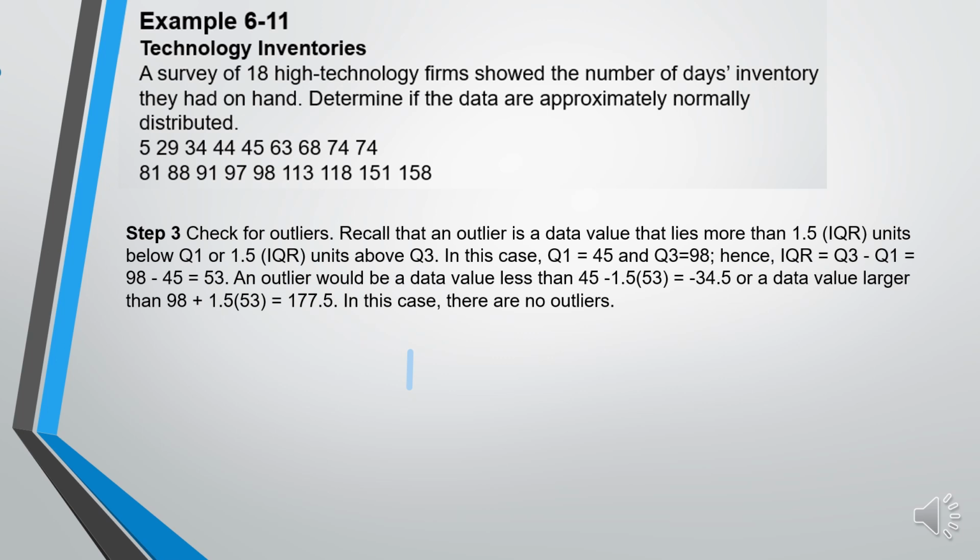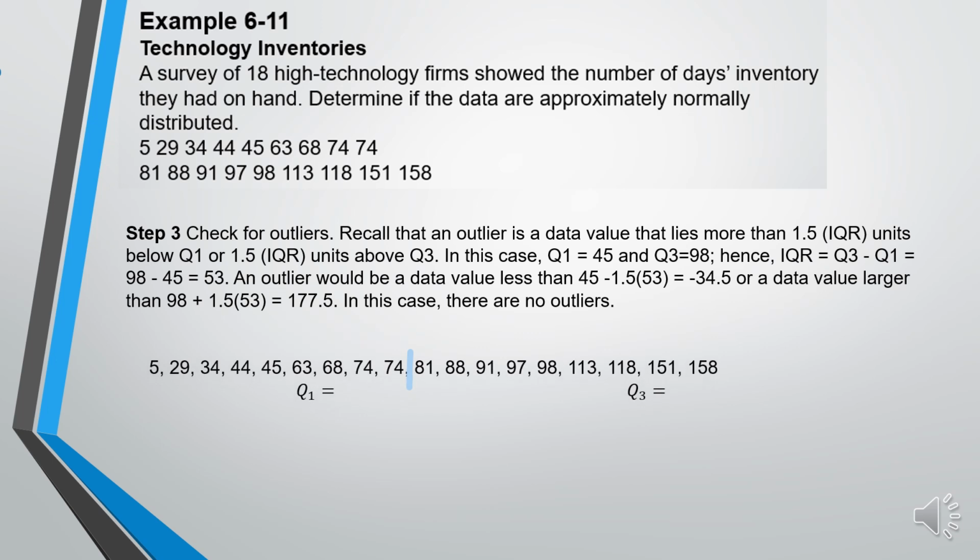So how did we come up with these values? We just arrange the data from the lower value to the higher value. Then we divide it into 2. Because n is equal to 18, if we divide it by 2, it is equal to 9. So we have 9 data on the left-hand side and 9 on the right-hand side.